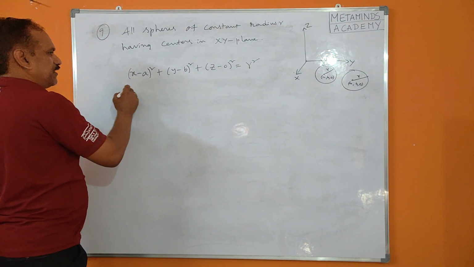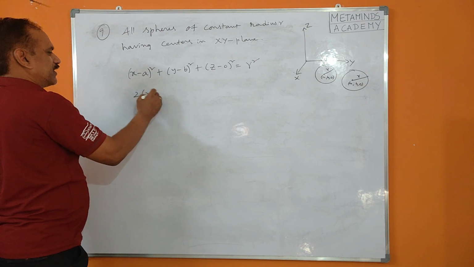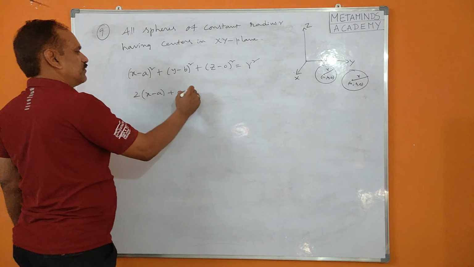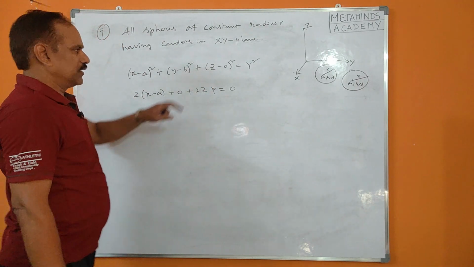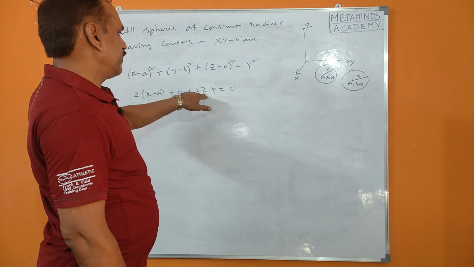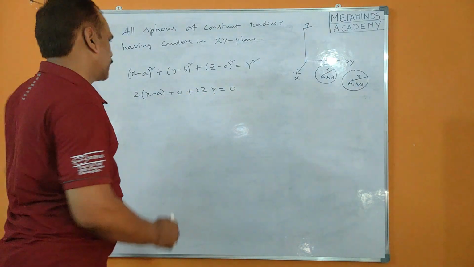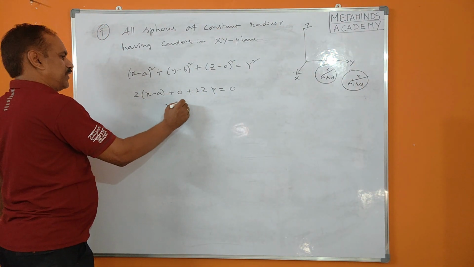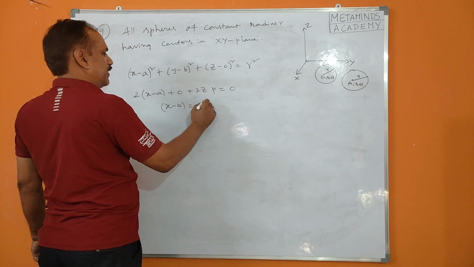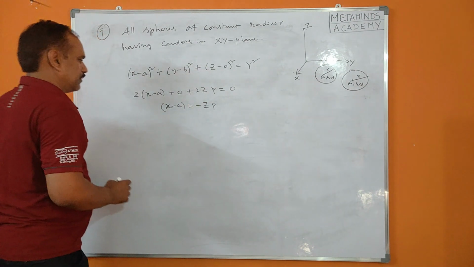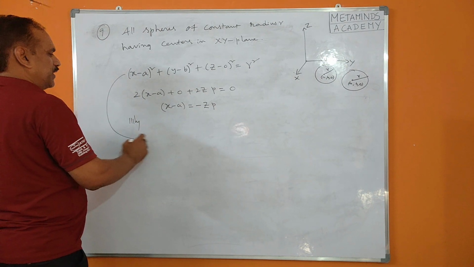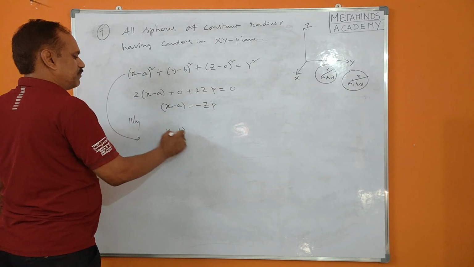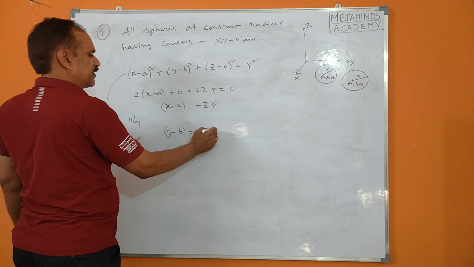So differentiate with respect to x, you will get 2 into x minus a, plus 2zp equal to 0. Z square derivative is 2z into derivative of z with respect to x, which is p. So from this we have x minus a equal to minus zp. Similarly, differentiate this with respect to y, you will get y minus b equal to minus zq.